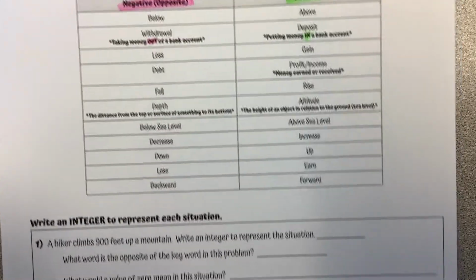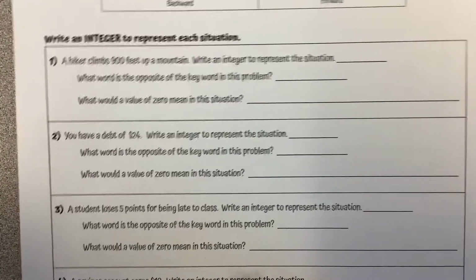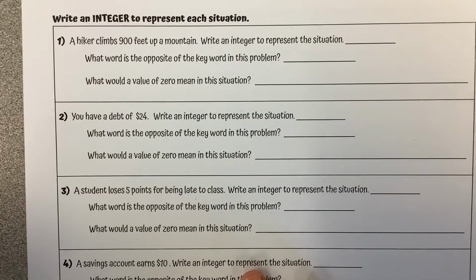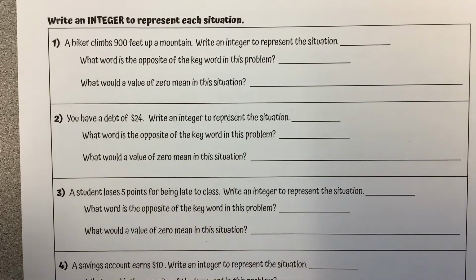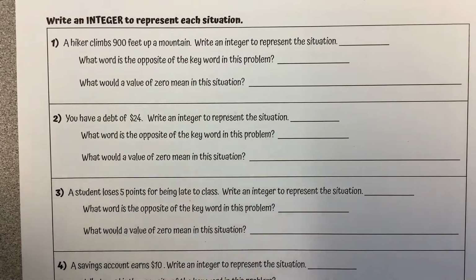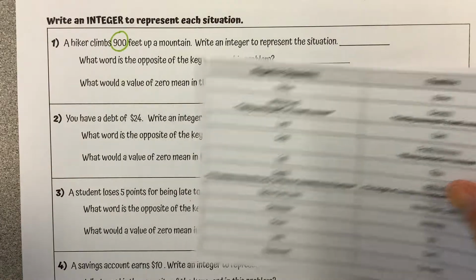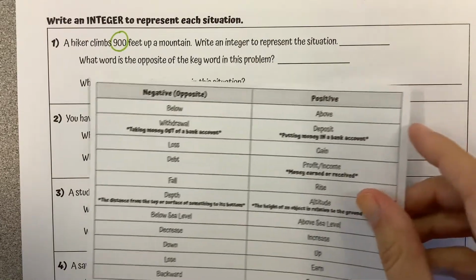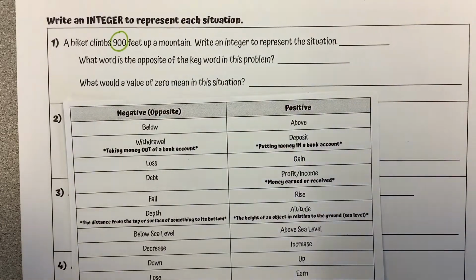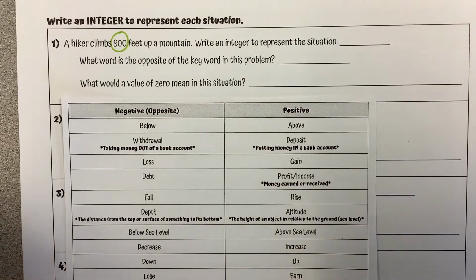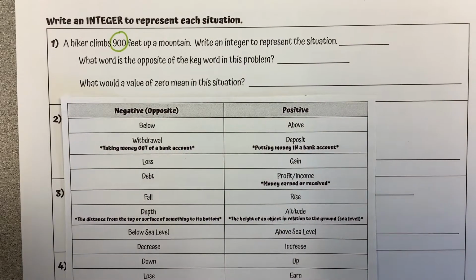So let's look at some of these examples here. So number one, a hiker climbs 900 feet up a mountain. Okay, write an integer to represent the situation. So I'm just gonna cut out the chart here so we can use it while we're working. The key word that I see here is the word up.